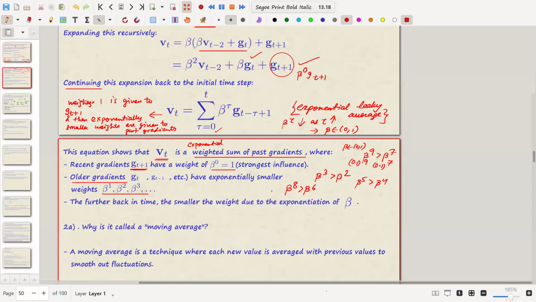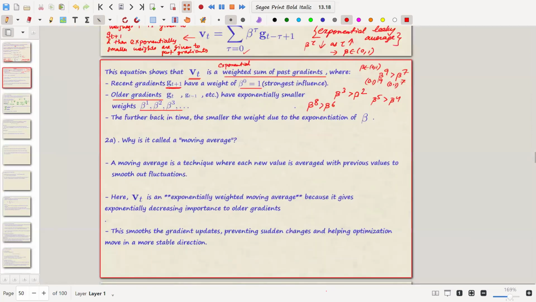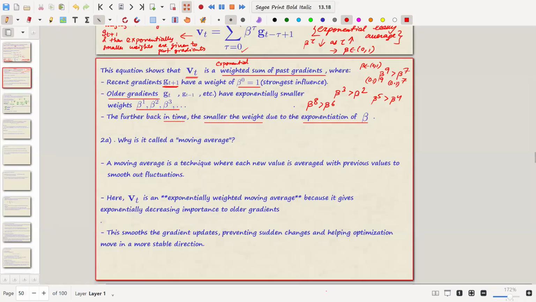Is it clear? So the further back in time we go, the smaller the weight, due to exponentiation of beta.